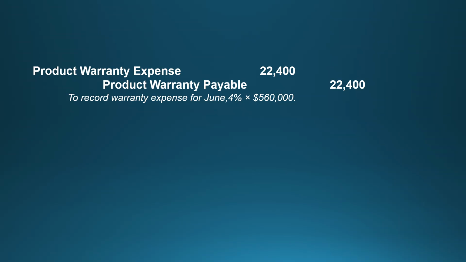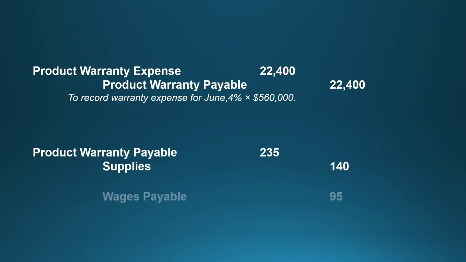Months later, a customer comes in and says, hey, this isn't working. It's covered by the warranty. We say, hey, you're right, it is. Let's fix it for you. And so we pull the parts needed to fix the item, and then we set aside the amount that we need to pay the person who's already on our payroll.